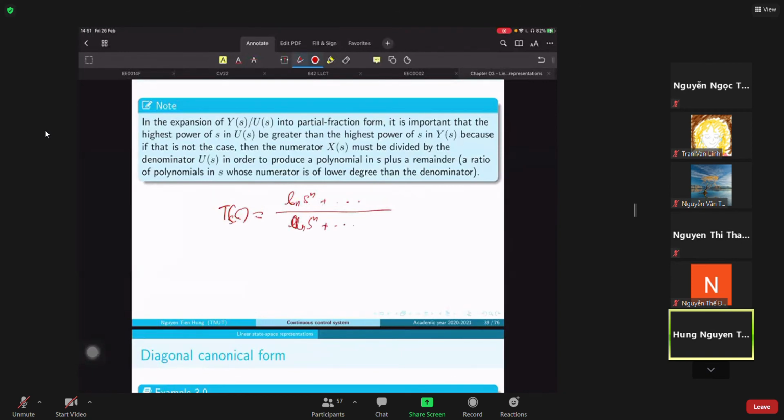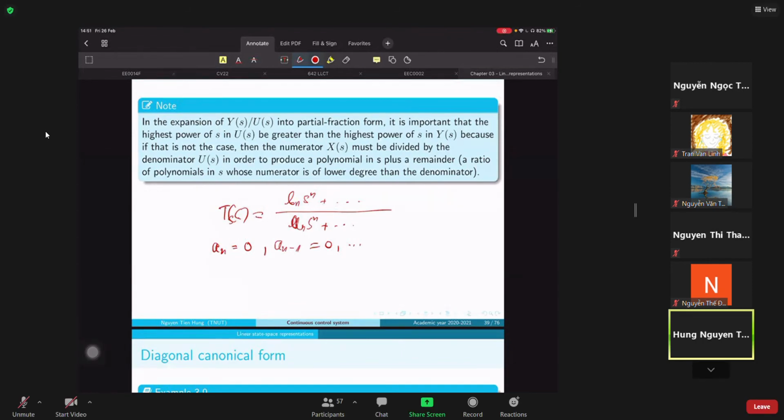Even we got no an, or in other words, an is 0, or even more, like an minus 1 also 0, or in other words, the order of the numerator is bigger than the order of the denominator. Sometimes it happens this way.